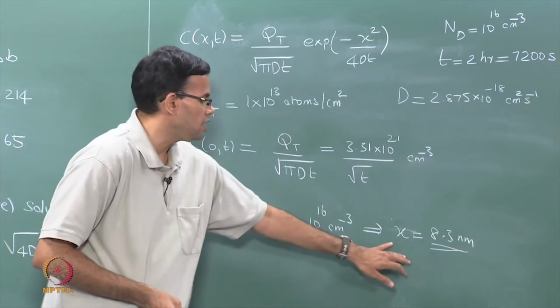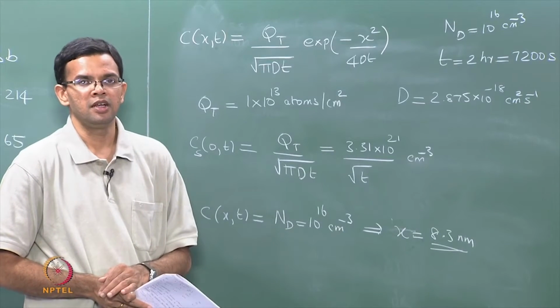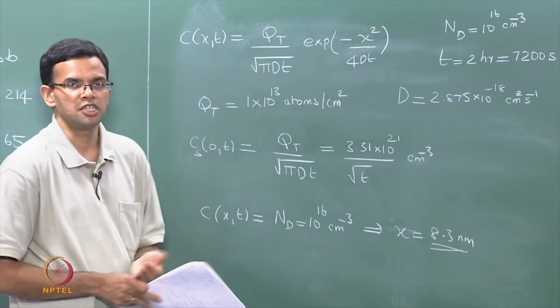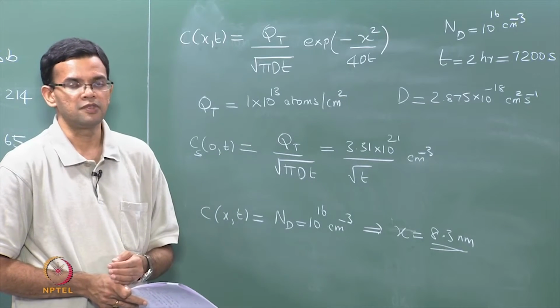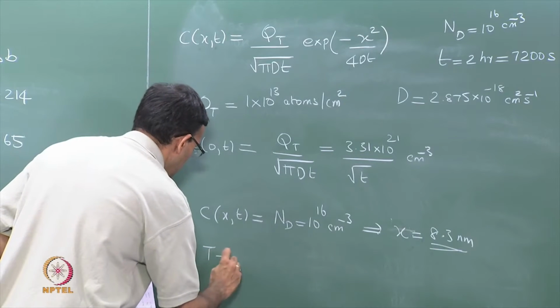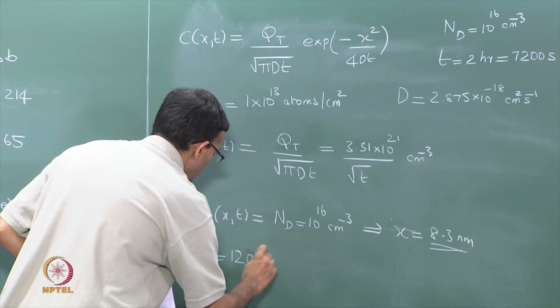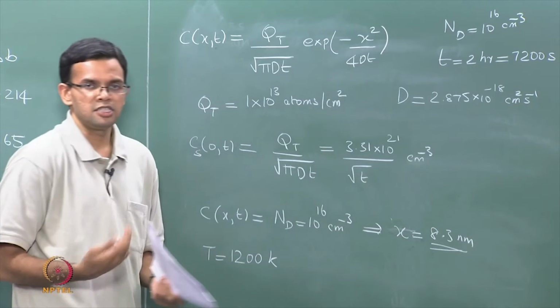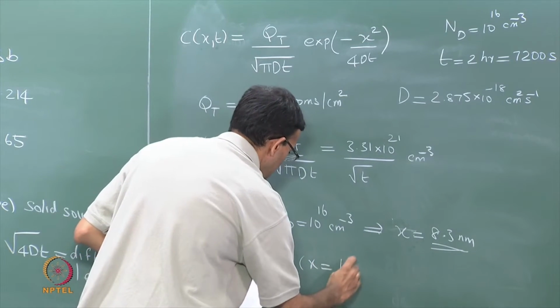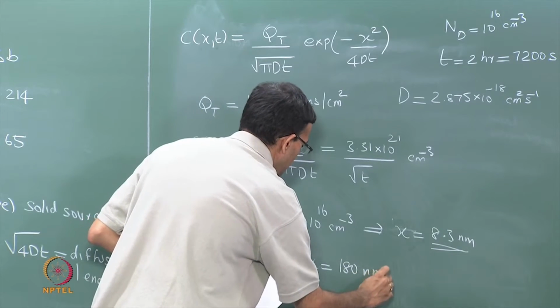In order to increase the depth, the simplest way is to increase the temperature. You can also increase the concentration of dopants at the surface. If you do the same calculation with temperature equal to 1200 K, so that the increase is by 200 degrees centigrade, x is now 180 nanometers.